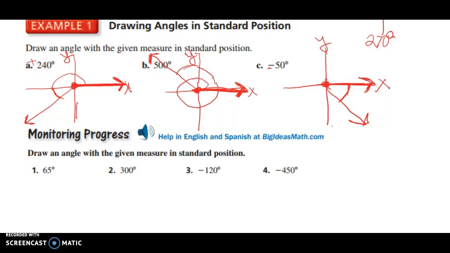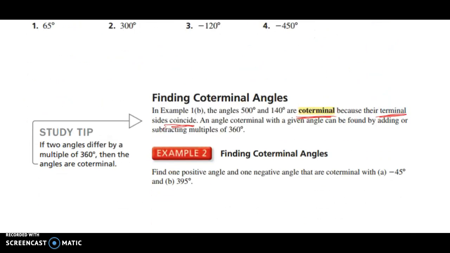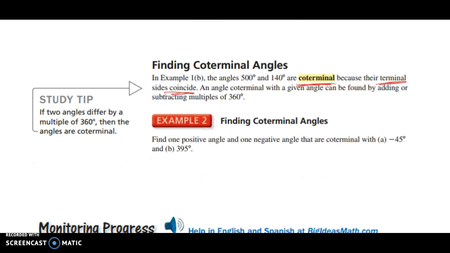If I were to just draw 140 degrees, that would be starting here. 140 degrees would actually land right here in the same spot. So these two angles, both 140 degrees and 500 degrees, are going to be coterminal. They both started and stopped at the same spot, but the 500 is 360 degrees more than the 140, and that's exactly how you're going to figure out what coterminal angles are. You're going to add or subtract multiples of 360 to find a coterminal angle.